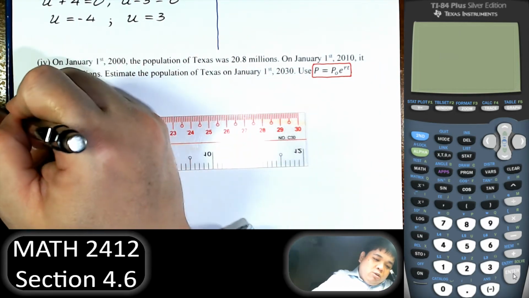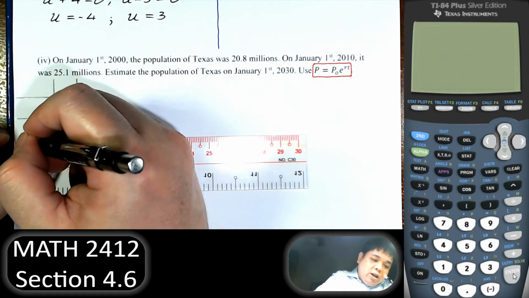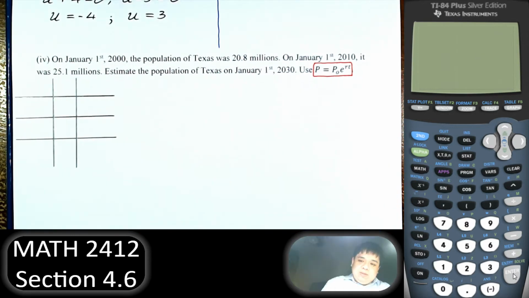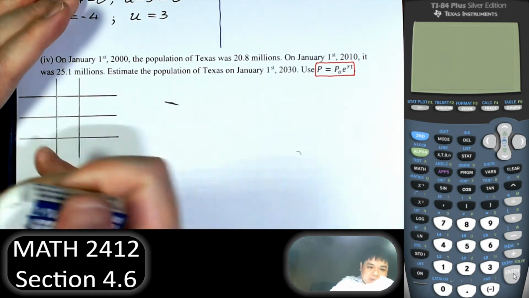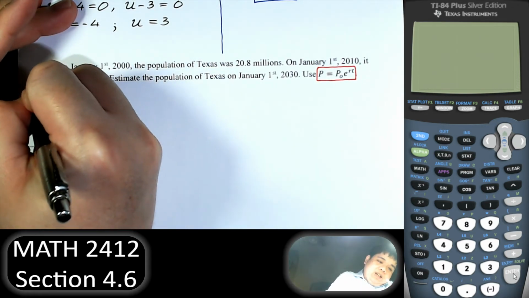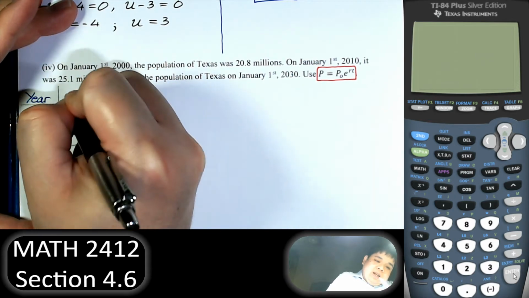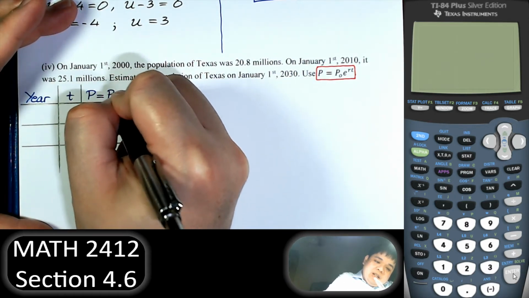So we have 2000, 2010, and 2030. Say we have year, and then t, and the function P equals P naught e to the rt.